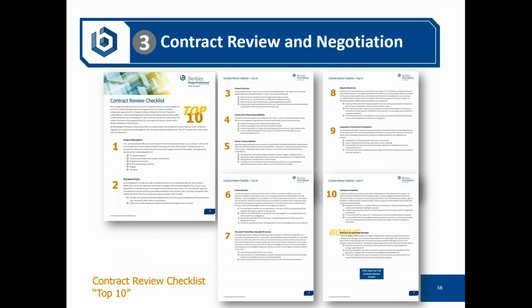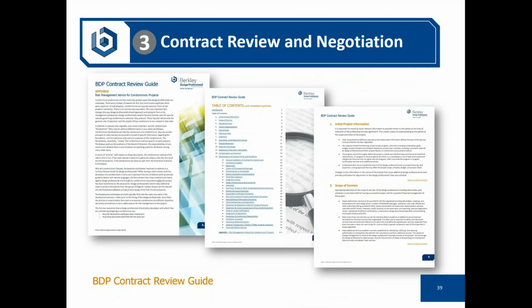This is our contract review checklist. Our contract review guide addresses about 35 terms and conditions. These are the 10 that we consider to be the most important, and it's a little bit more understandable. And there's our contract review guide, which is 26 pages long, covering 35 key terms and conditions, plus a 12-page supplement at the back end for condominium projects.